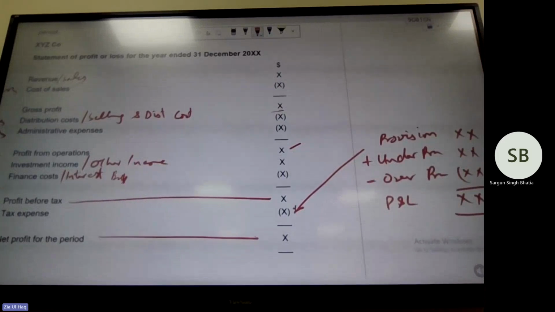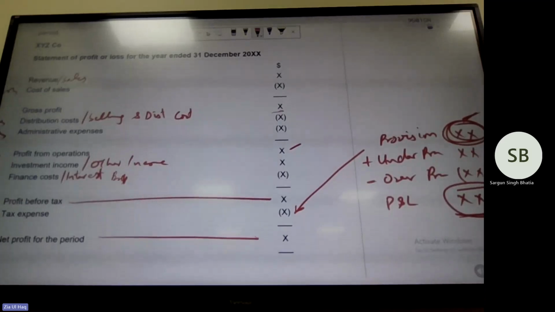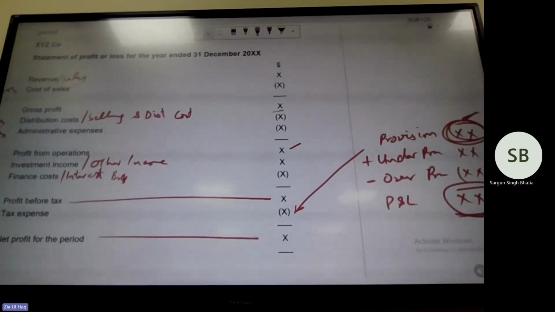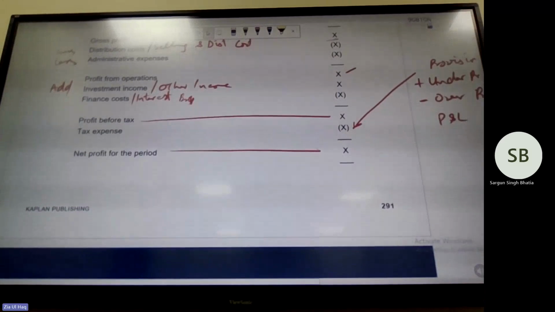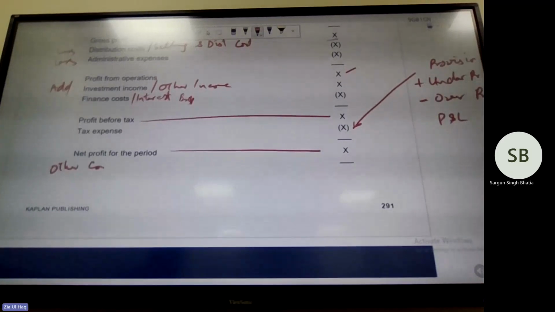Meaning, provision for the current year tax, add under provision that is coming from the previous year, or if there is over provision, we will subtract, and we will arrive at the current year profit and loss figure of tax. But in balance sheet, we will record only the current year figure as a liability. But in the profit and loss account, we have to adjust the under or over provision. So this is profit for the year. If we are preparing profit and loss account and other comprehensive income, from here we will put a heading other comprehensive income.